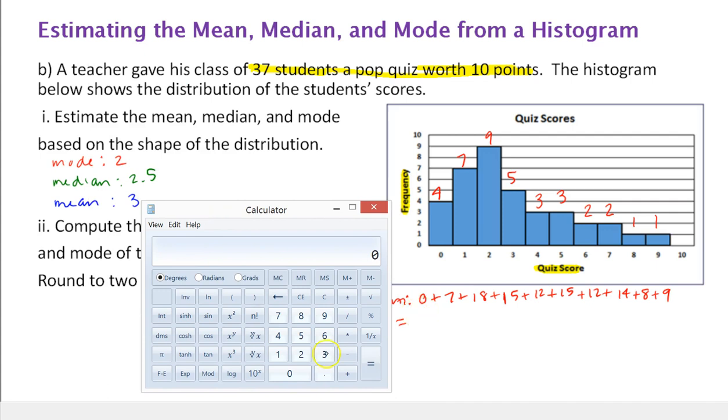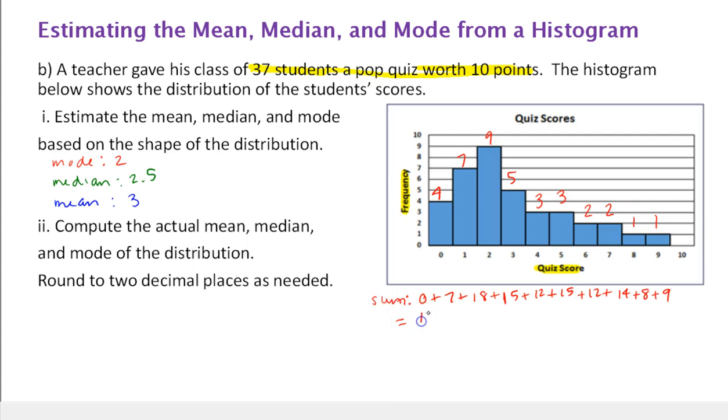We don't need to include 0 because it's a sum. So 7 plus 18 plus 15 plus 12 plus 15 plus 12 plus 14 plus 8 plus 9. So the sum is 110.